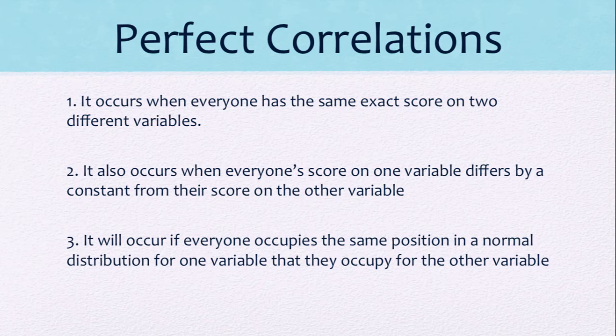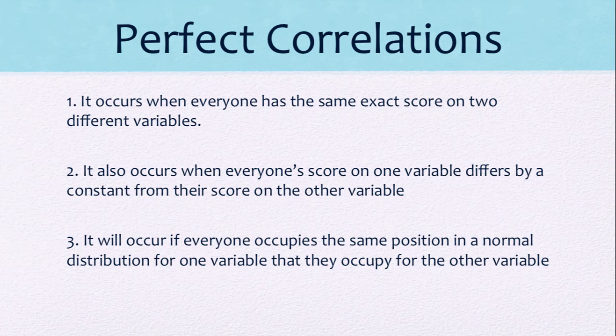Of course, we're going to have a score for study time and a score for GPA for each individual. Let's say the person with the highest GPA also had the highest study time. The person with the second highest GPA also had the second highest study time. And so forth until you get to the person with the lowest GPA, who also had the lowest study time.